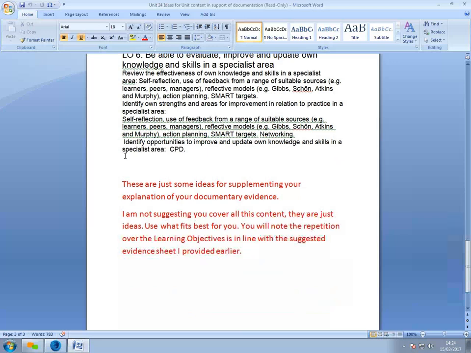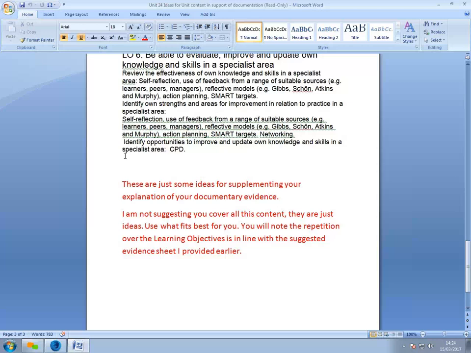Now, I've written this clearly in red at the end because it's basically what I said back at the beginning. These are just some ideas for supplementary explanation of your documentary evidence. I'm not suggesting you cover all this content. They're just ideas. Use what fits you best. You'll note the repetition over the learning objectives in line with the suggested sheet I provided earlier.